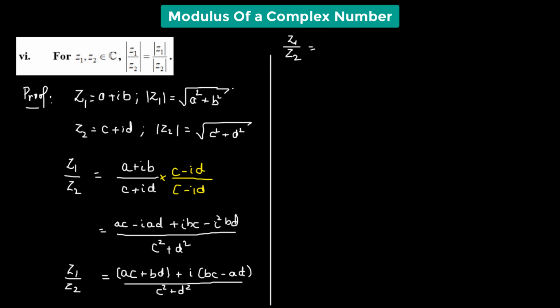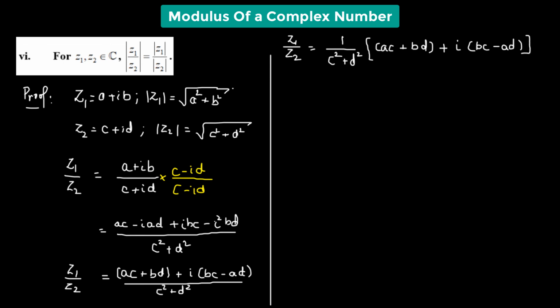We factor out 1 over c squared plus d squared and write the numerator in the standard form. That would be (ac plus bd) plus i times (bc minus ad).